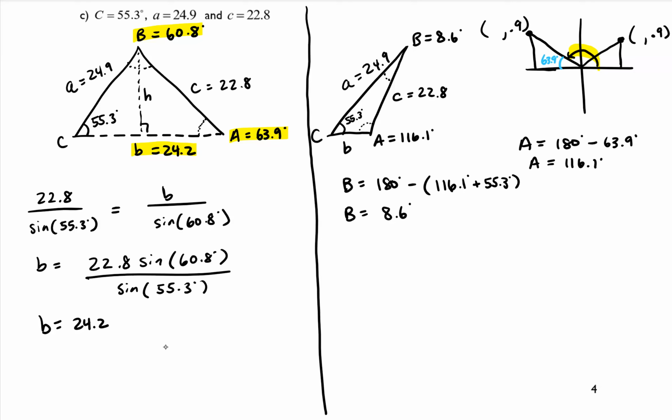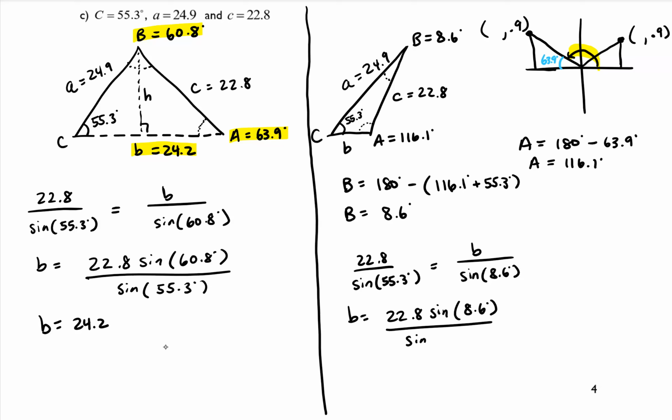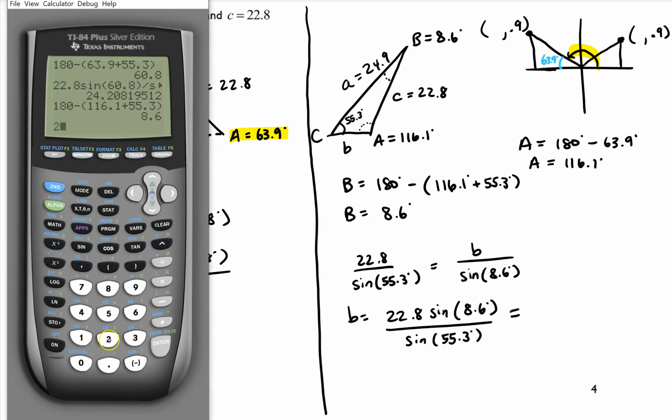So we can do 22.8 over sine of 55.3 degrees is equal to lowercase b over sine of 8.6 degrees. And then if we manipulate this algebraically, we get that b is equal to 22.8 times sine of 8.6 degrees over sine of 55.3 degrees. And we are throwing that into our calculator.